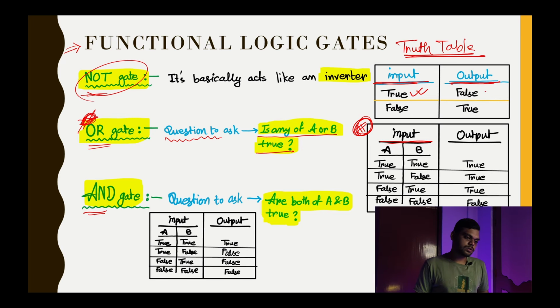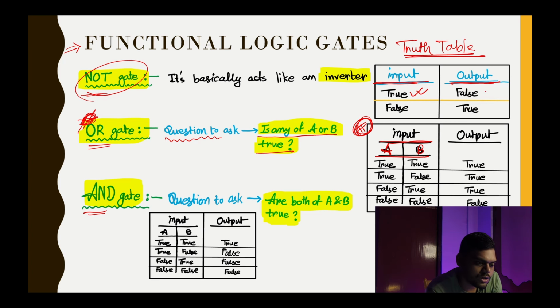Okay, so at the OR gate we have two inputs. Let's give them names A and B. Now the question is, OR finds if any of A or B is true or not, any one of them is true or not.